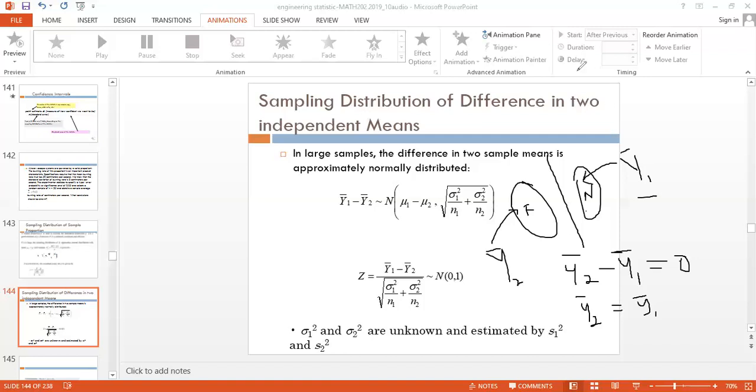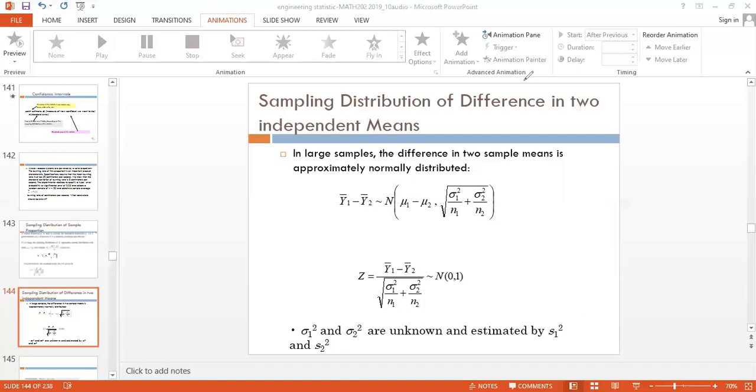Now, with regards to the sampling distribution of two population means, which are approximately normal with known variances, we write that the difference of y1 and y2 is also normally distributed, with a mean of mu1 minus mu2, that is population mean 1 minus population mean 2.